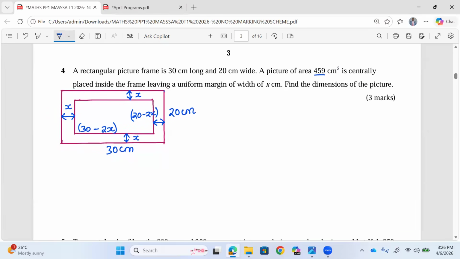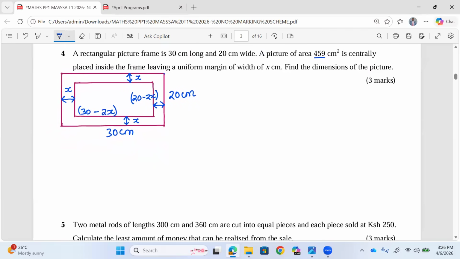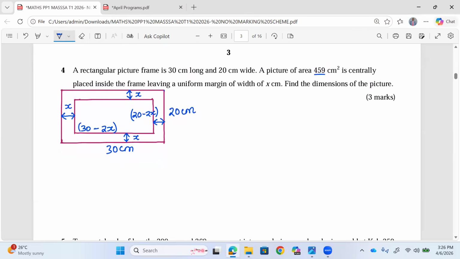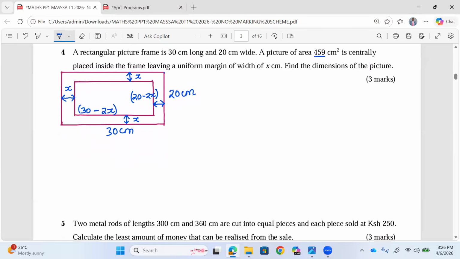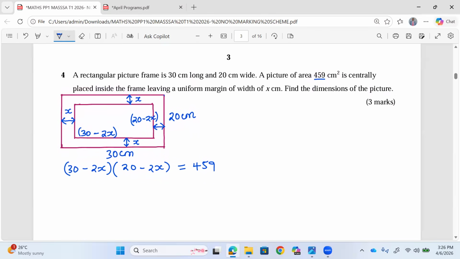So now the area of the picture is given as 459. How do we get area when a shape is rectangular? Length times width. So length 30 minus 2x times 20 minus 2x is supposed to give us the area, which is equal to 459.